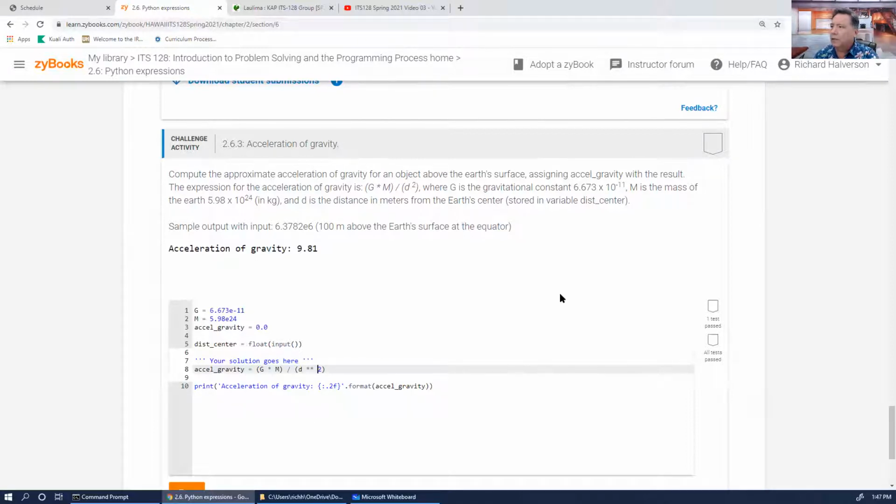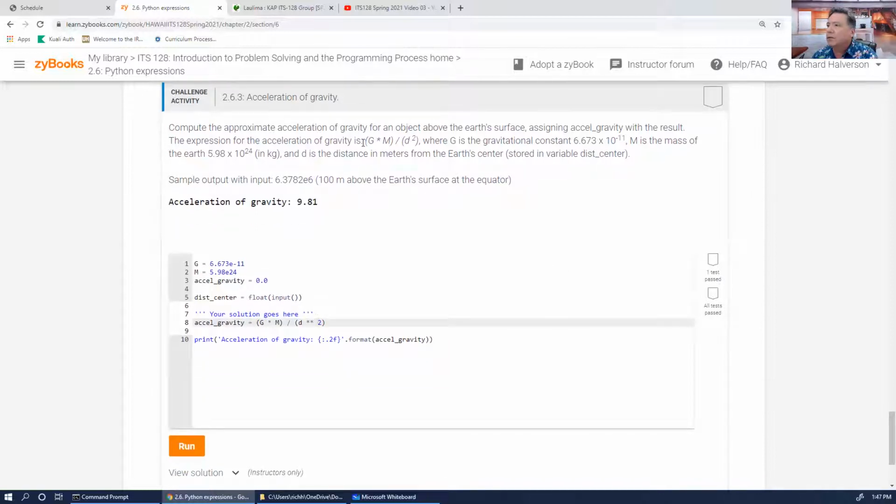All right. So let's see if this works. So the G is already defined, and the M is already defined, and this, we're dividing it by D squared, and this is that number.